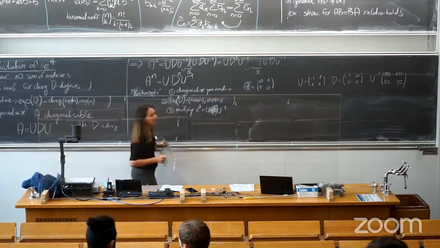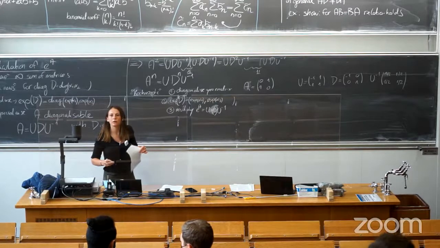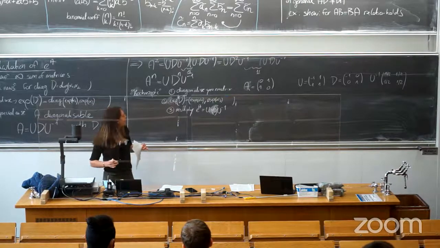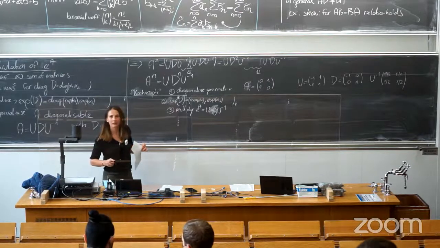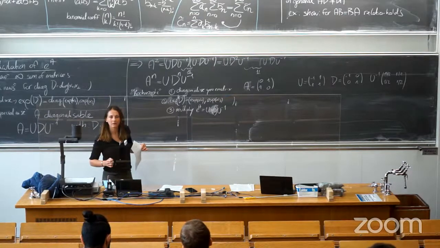Finally, if we multiply, because e to the A, if we do this kind of trick, this calculation, with U and U minus 1, basically if we diagonalize A, we have e to the power of U times D times U minus 1.